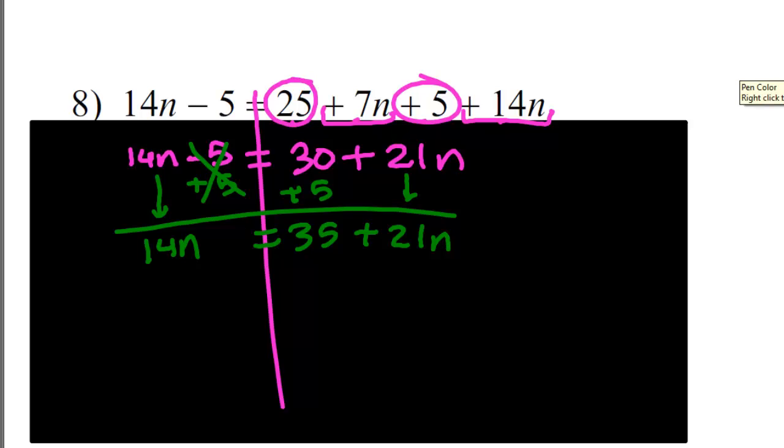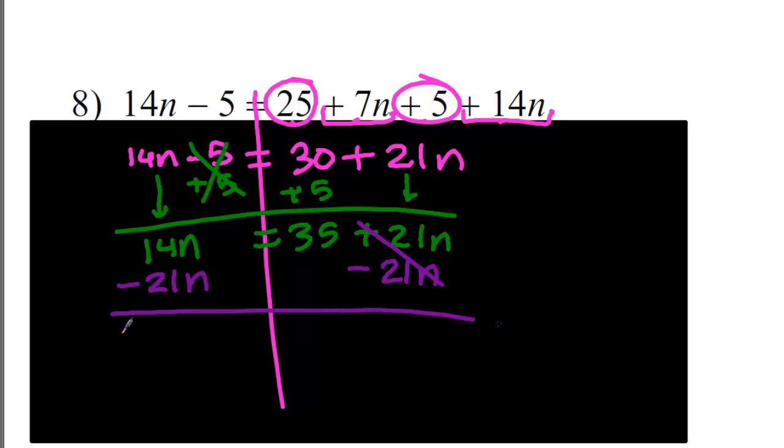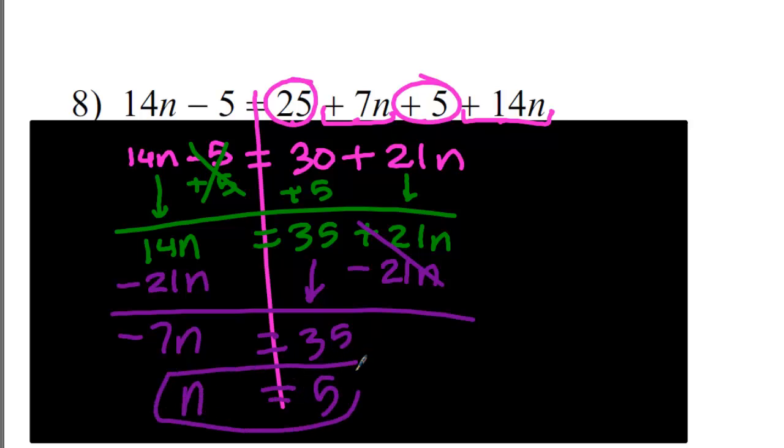Next, we are going to eliminate the 21n since the 14 on the other side has an n. Alright, so 14 minus 21 is negative 7n, which is going to give you 35. Negative 7 times something is 35. Negative 7 times 5 is 35, so the answer is 5.